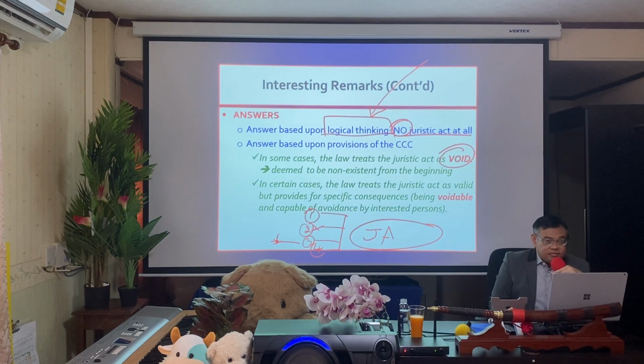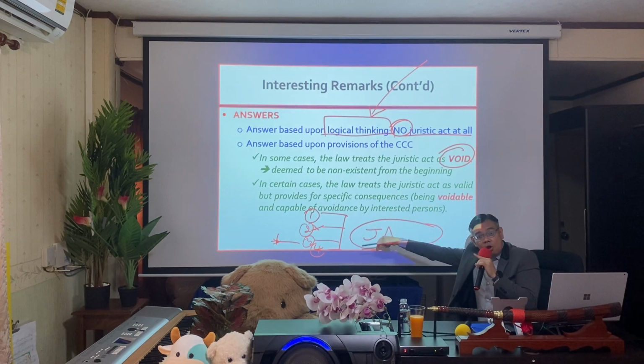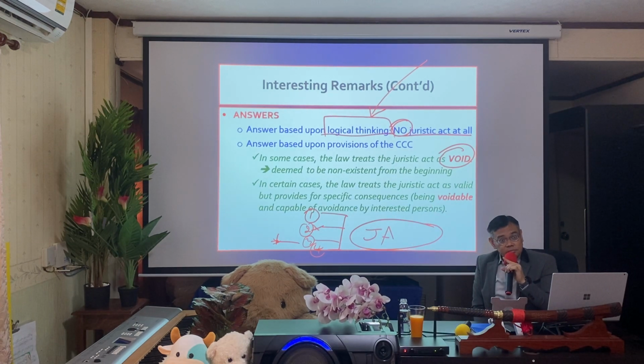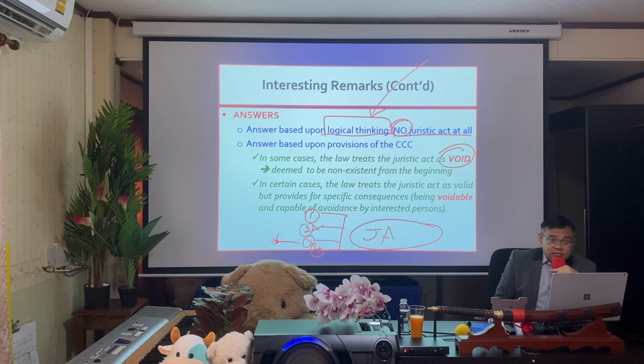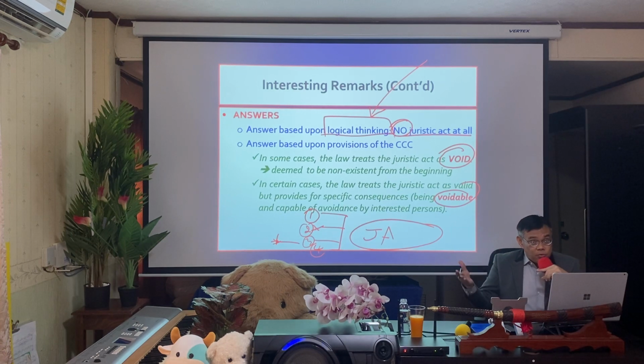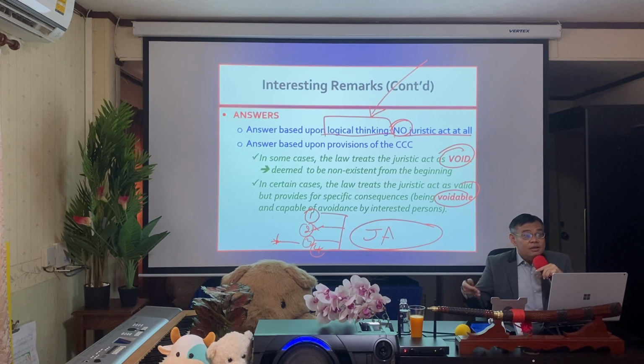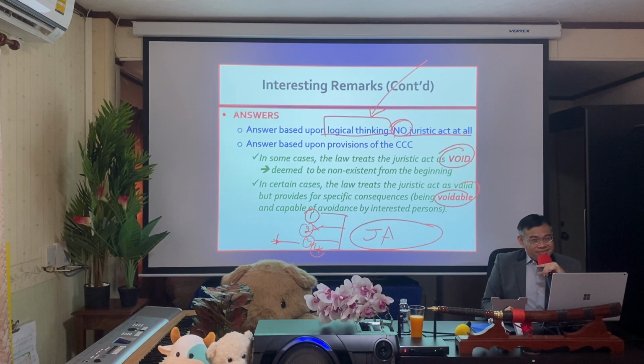But in some cases, the law says that even though one of these elements is missing, the juristic act is still there, but it is voidable. The word voidable means that it remains valid unless it is later avoided, unless it is later set aside.